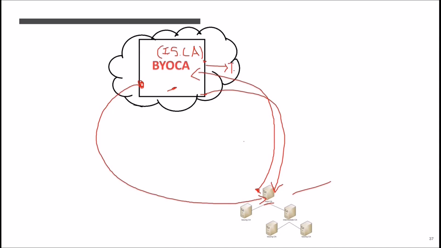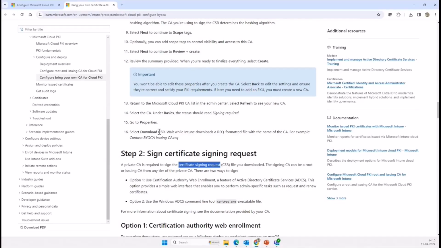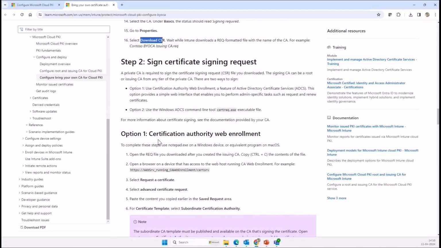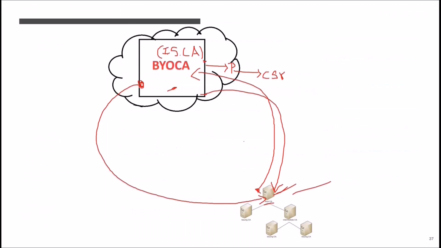So we will go to the properties, and from the properties, we will download something called a CSR, or a certificate signing request. So we download the CSR. I will show you the UI shortly. Then we go to the on-prem server, then we go to the root CA, and then we get that CSR. Then we get this CSR signed by the root CA. And then that signed CSR is uploaded back into this issuing CA.